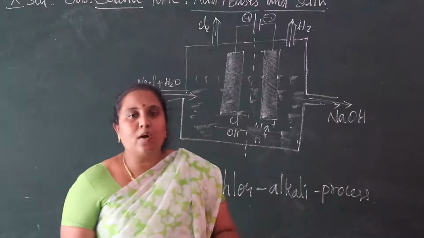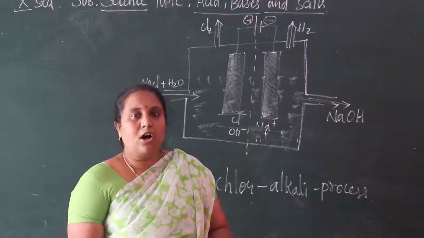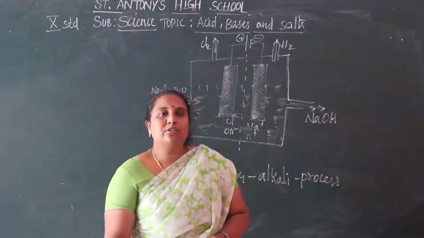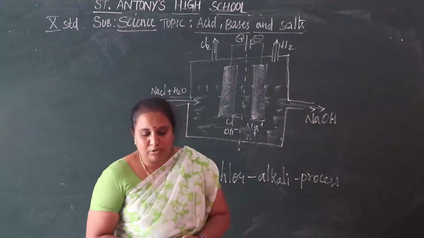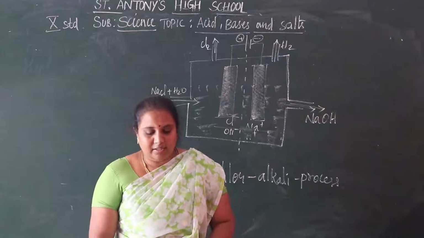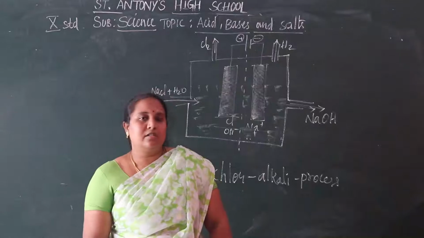Now let us see the uses of these byproducts of the chlor-alkali process. Hydrogen gas is used as fuel, in margarine, and in making ammonia for fertilizers also.